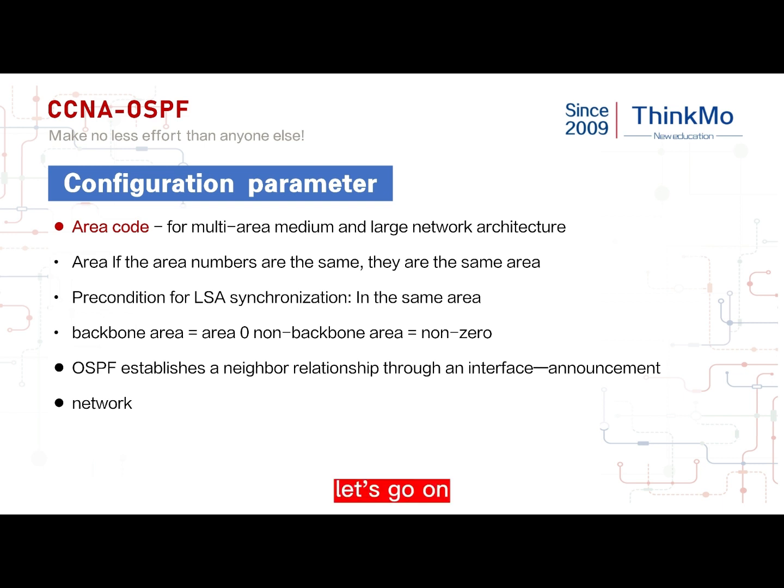Okay. Let's go on. There are other key parameters. We'll also have a concept of areas, which I just mentioned to you. There is an area ID. First of all you need to know OSPF itself is multi-area oriented, because it is aimed at medium and large network environments.